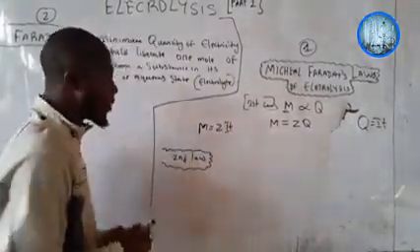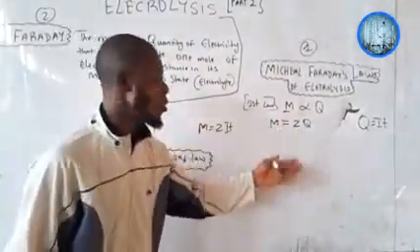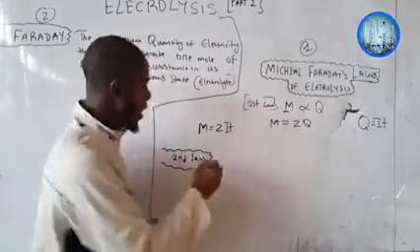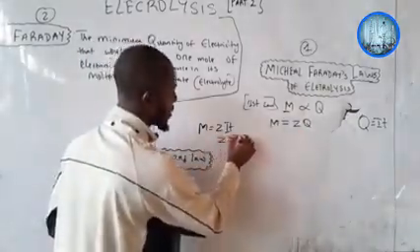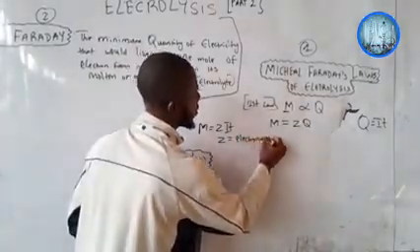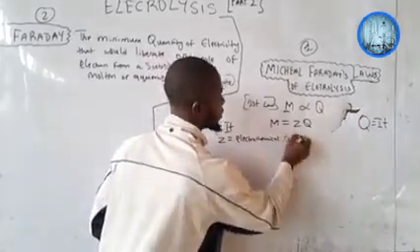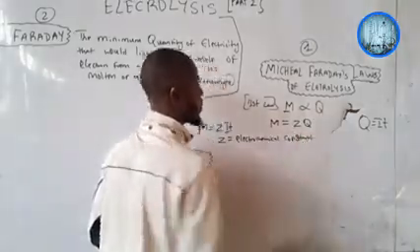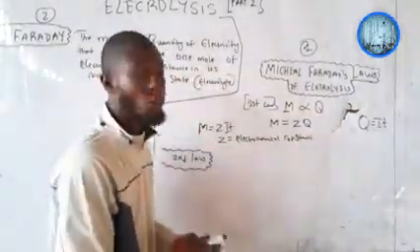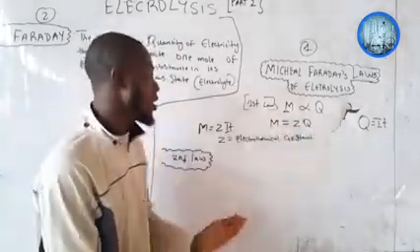What does this Z represent? This Z is the constant of proportionality, also known as the electrochemical constant, the constant of proportionality between the mass of the substance and the quantity of electricity.